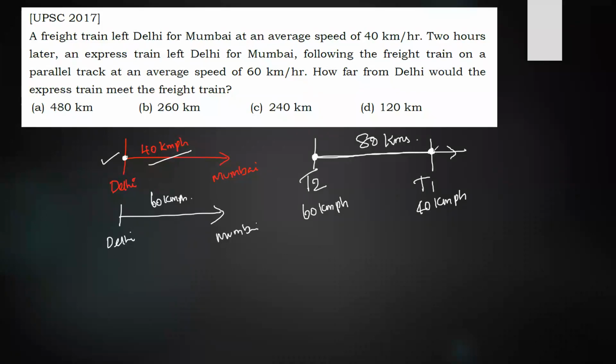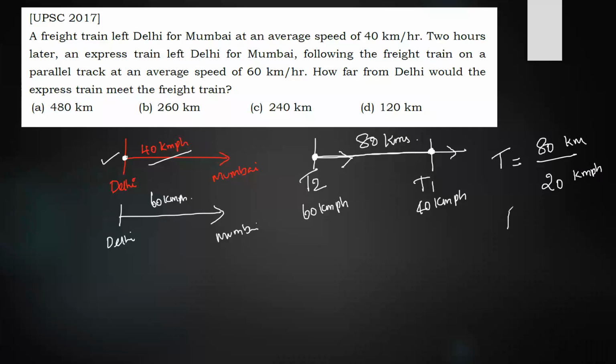Is it correct or wrong? Since the train started 2 hours earlier at 40 kilometers per hour, in 1 hour it travels 40 kilometers, so in 2 hours it traveled 80 kilometers. So when train 2 starts, the trains will be 80 kilometers apart. Is it clear? So the initial distance is the main thing.